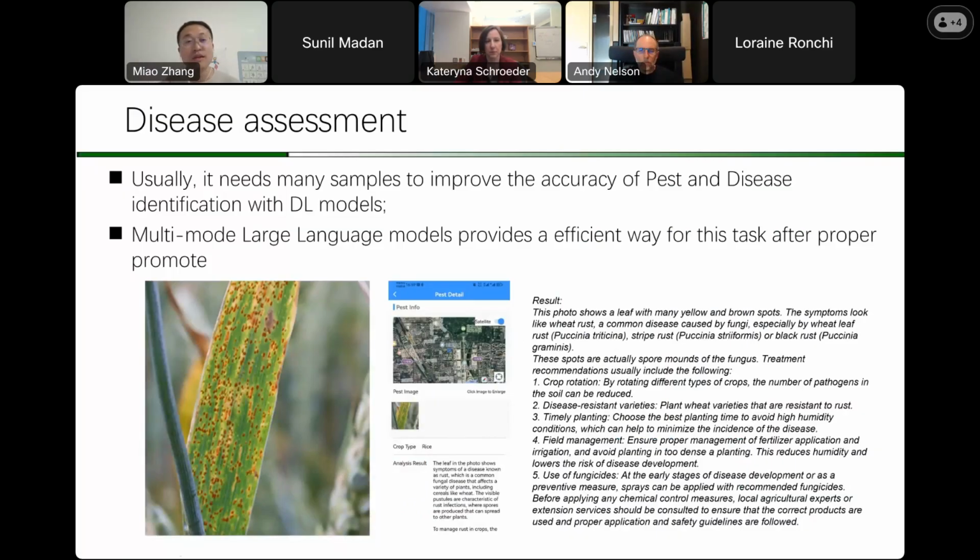By using the large language model, the tool can identify what type of disease or pest it is, and then provide some suggestions for the farmers, like what pesticides or herbicides to use to reduce the negative impacts. So even small scale farmers can use this kind of innovative technology to benefit, to help them better manage the field.